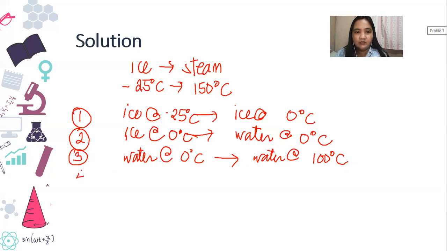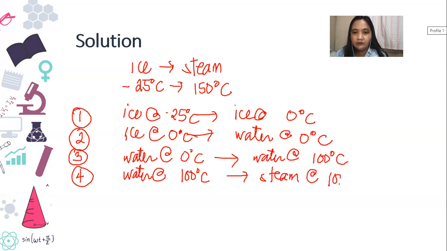Okay. Fourth stage. It's water at 100 degrees Celsius. Now it becomes what? Once it reaches its boiling point, it becomes actually steam at 100 degrees Celsius. Well, I hope you get that.